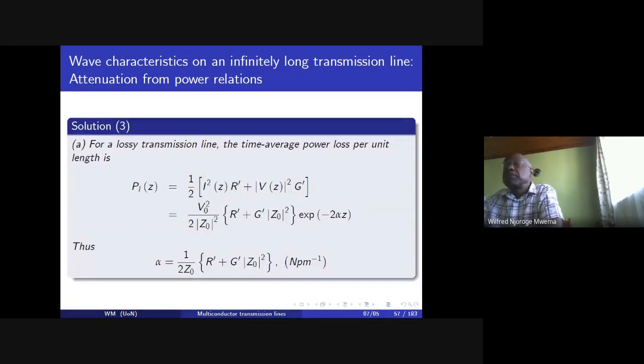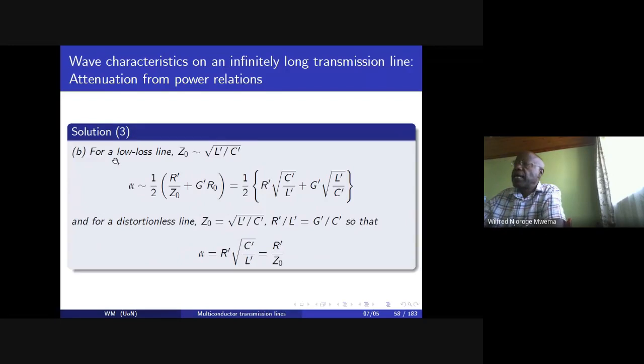So for a lossy transmission line, the time average power loss per unit length is going to be given by that value there, where we have I squared Z multiplied by R prime plus V squared Z multiplied by G prime. And this can be taken out, and we get a value of R prime by G prime multiplied by the modulus of Z naught squared, and multiplied by the exponent of minus twice alpha Z. And thus, alpha is going to be given by that value there, which is in nepers per meter.